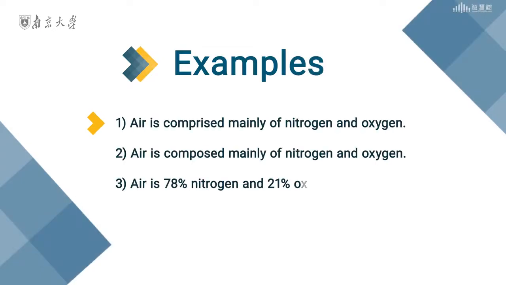Please pause the video to compare the following 3 sentences and judge which one is the best. Among the three sentences, the third one communicates the most exact meaning. Meanwhile, compared to sentence 1, sentence 2 is better because comprise literally means embrace, and in this case, compose is the right word.